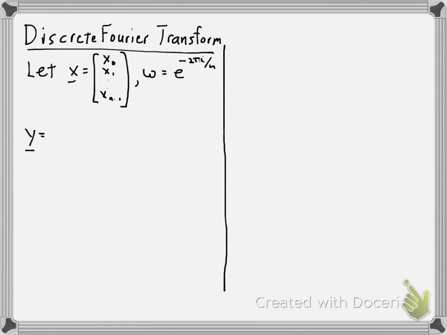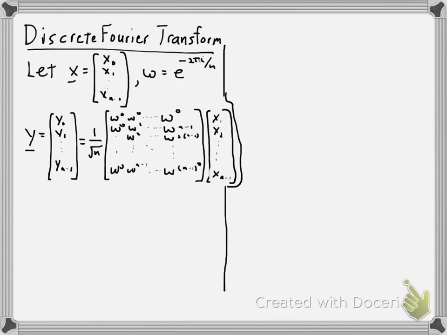So y, which has components y0, y1 to y sub n minus 1, is going to equal 1 over the square root of n times the matrix consisting of omega to the 0 as each entry in the first row. The next row, omega to the 0, then omega to the 1, omega squared, and so on and so forth until omega to the n minus 1.